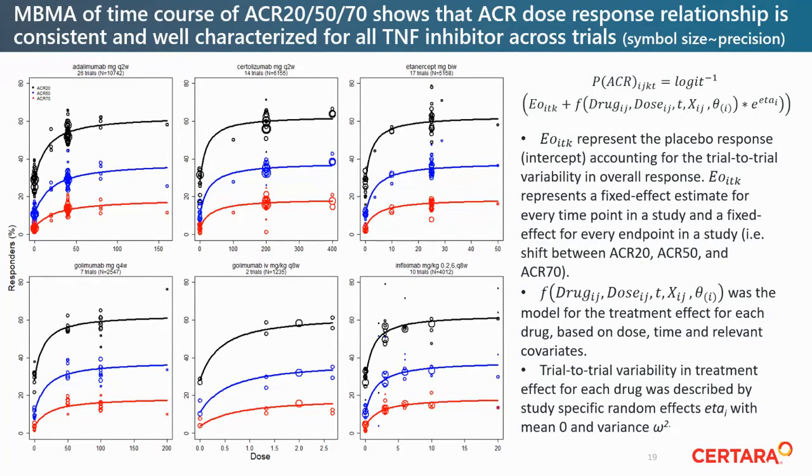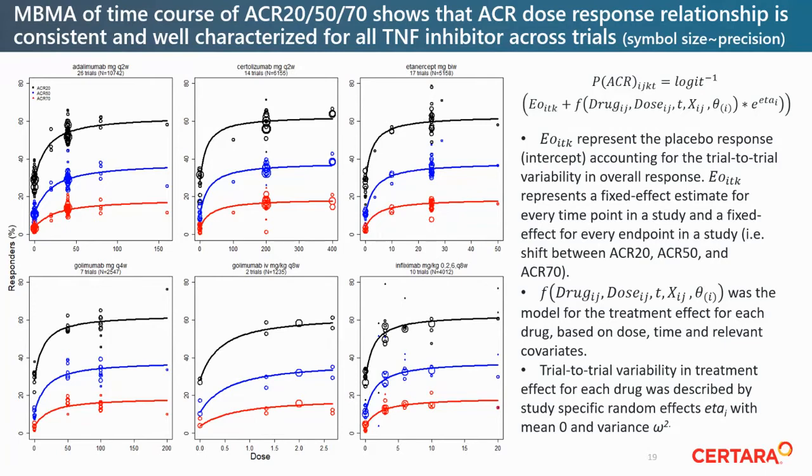Here we see actually the 6 TNFs that are available. We see the dose response for them in black, again, ACR 20, 50 in blue, and ACR 70 as the end, the most stringent response endpoint in red. We can see actually very consistent dose response across these TNFs.